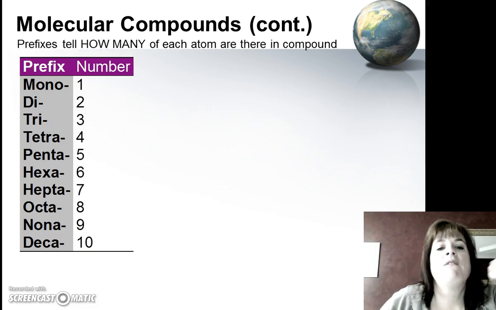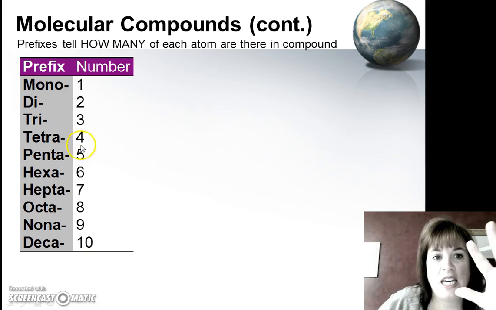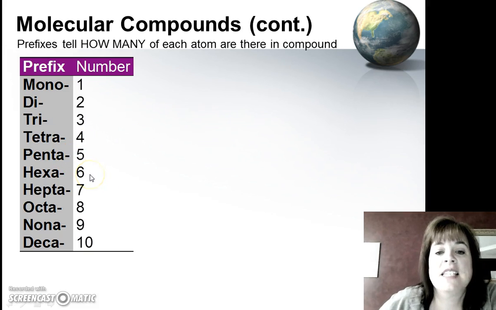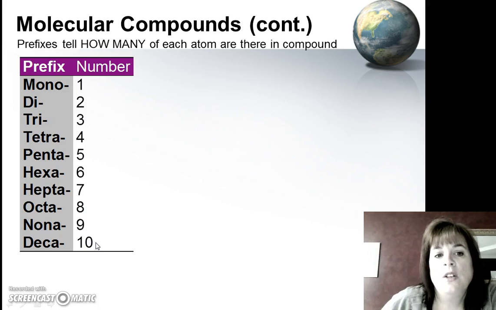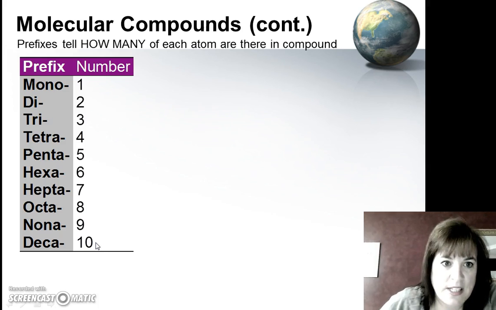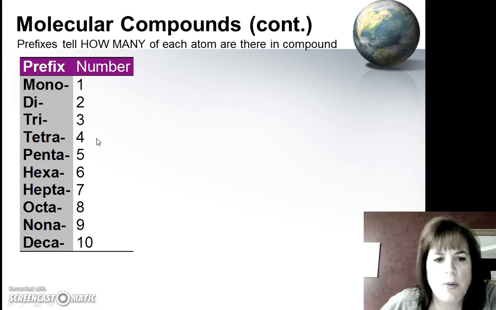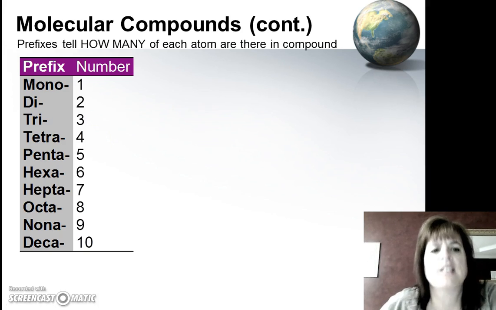Tetra. 5 is penta. 6 is hexa. 7, hepta. 8, octa, 9, nona, and 10, deca. So you'll need to memorize these prefixes. And there's some of them that'll mess you up because you use other prefixes in other classes for other things.